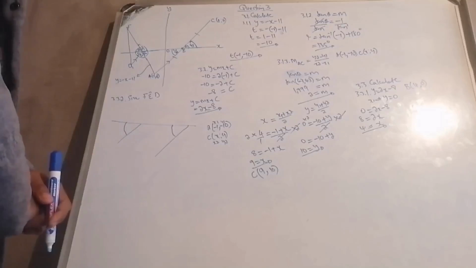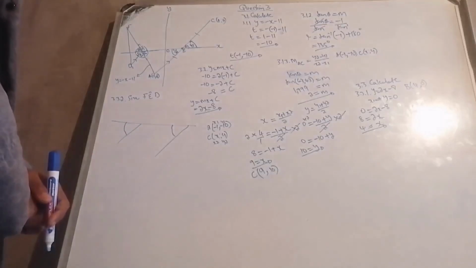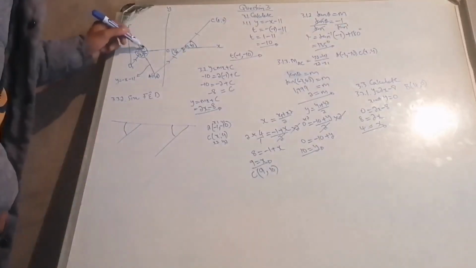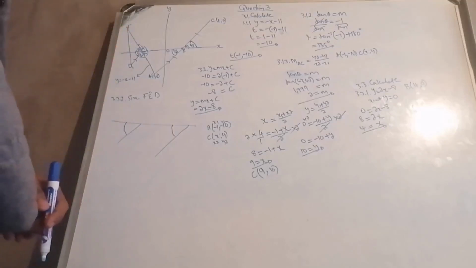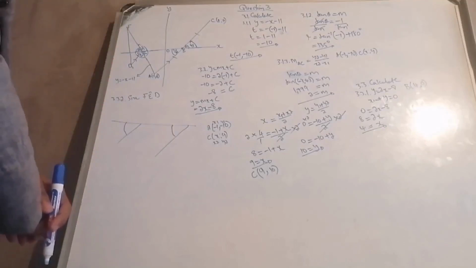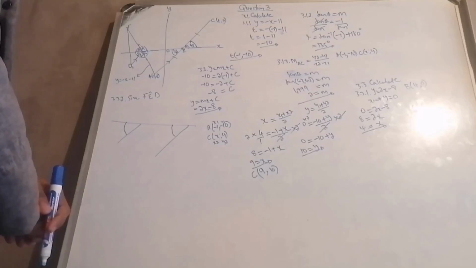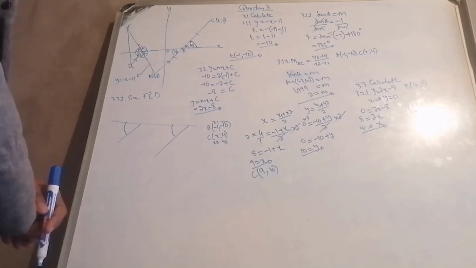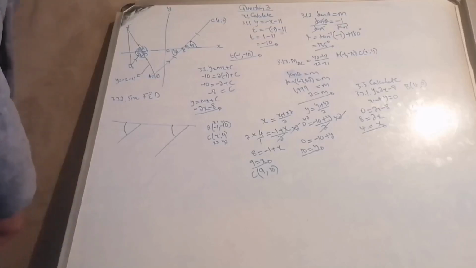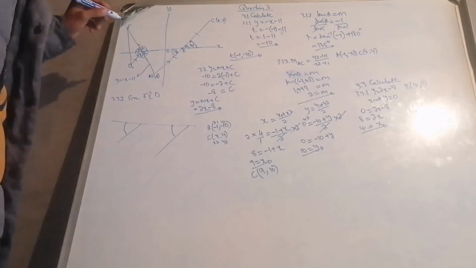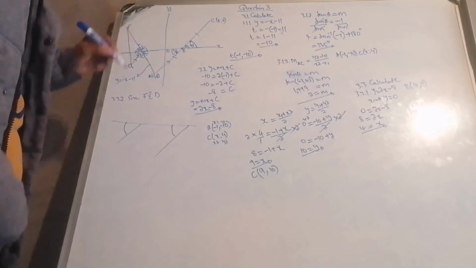But one thing I should note, these angles are vertically opposite angles. And I know that vertically opposite angles must be equal. So if they must be equal, what does that tell me? It tells me that the angle here must be equal to the angle there.